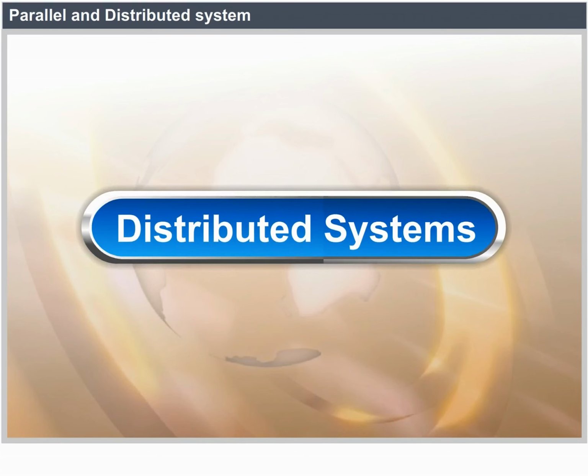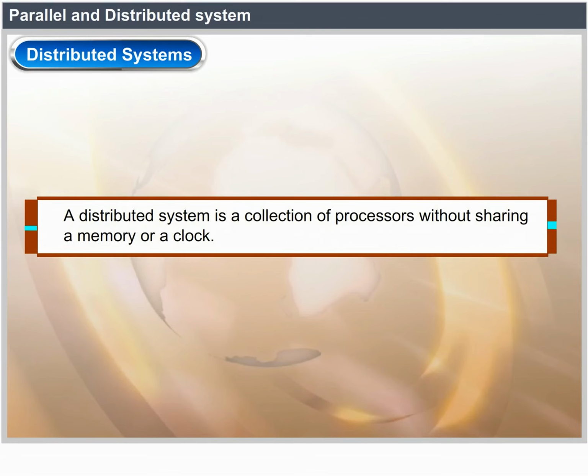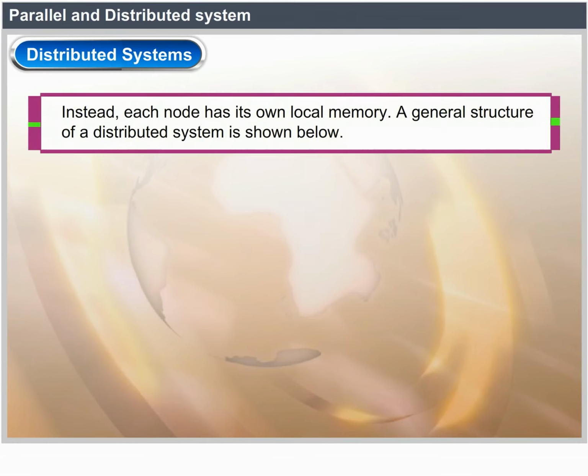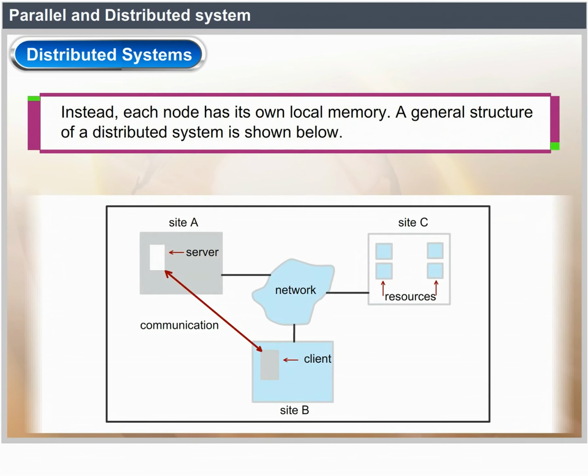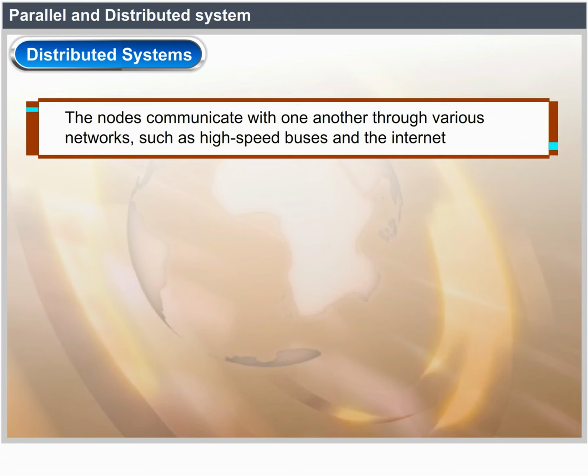Distributed systems. A distributed system is a collection of processes that do not share memory or a clock. Instead, each node has its own local memory. A general structure of a distributed system is shown below. The nodes communicate with one another through various networks such as high-speed buses and the Internet.